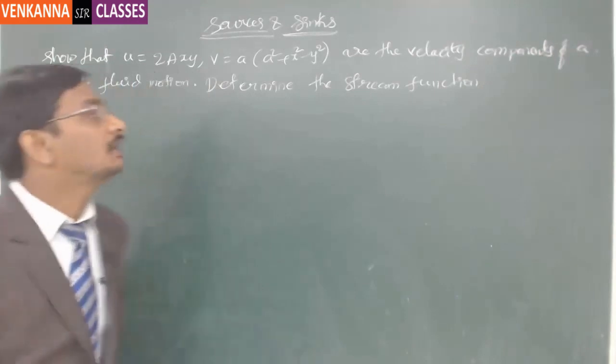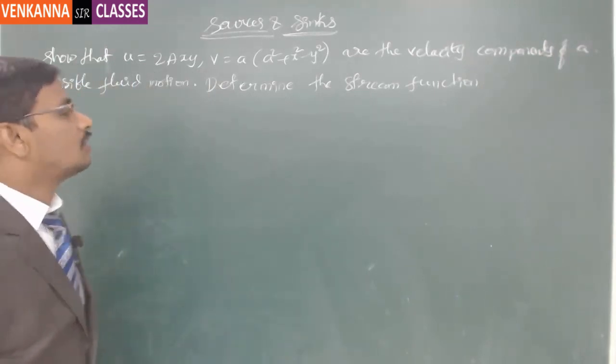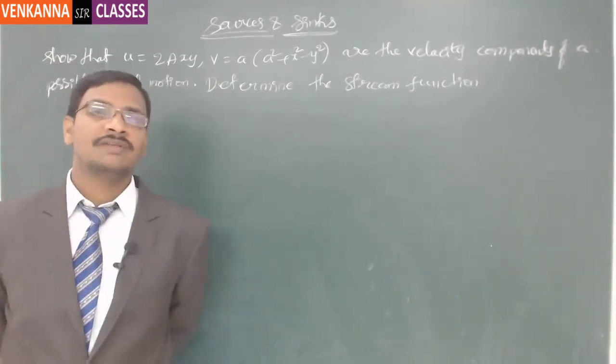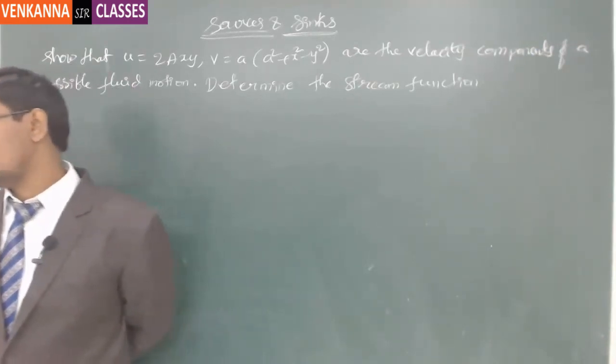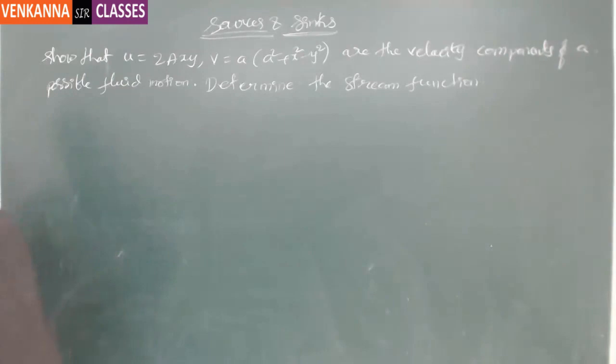But rather than that, he has given us the velocity components, and you know the relation between the velocity components and the scalar potential. From there you can derive this. Yeah, minus u plus iv is the complex velocity.